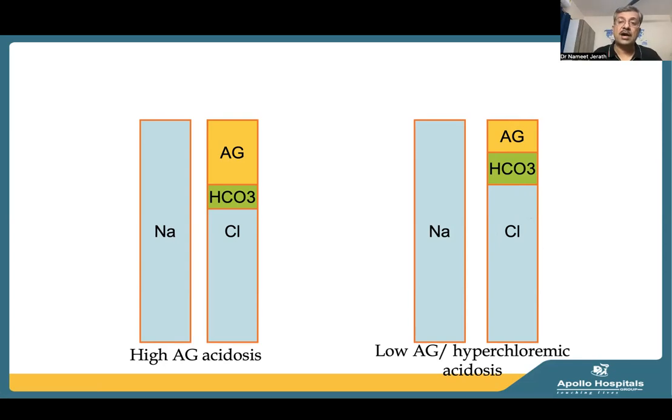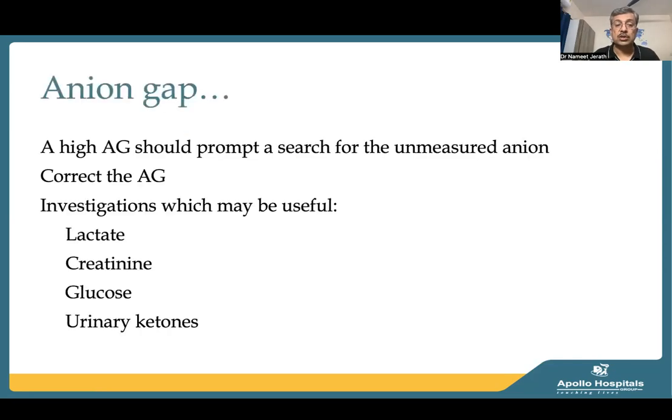So you can have a high anion gap metabolic acidosis and a normal anion gap metabolic acidosis, or a hyperchloremic metabolic acidosis. So whenever you have a high anion gap, it should get your minds thinking as to why the anion gap is high. There has to be some reason for it. It could be the lactate, it could be uremia, it could be sugars, it could be ketones.